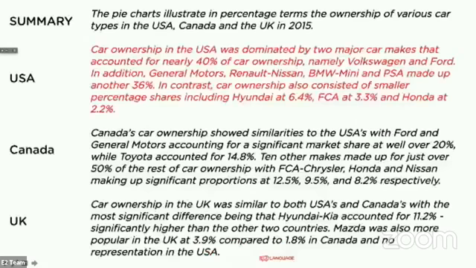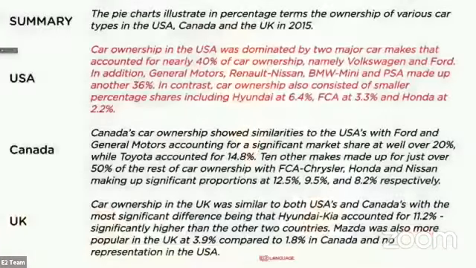Car ownership in the USA was dominated by 2 major car makes. Okay, I did it a bit differently. Sorry, I showed you the 50%, but in fact, when I was writing this before, I did something slightly different, which doesn't matter. That's fine. Let me read you this one.